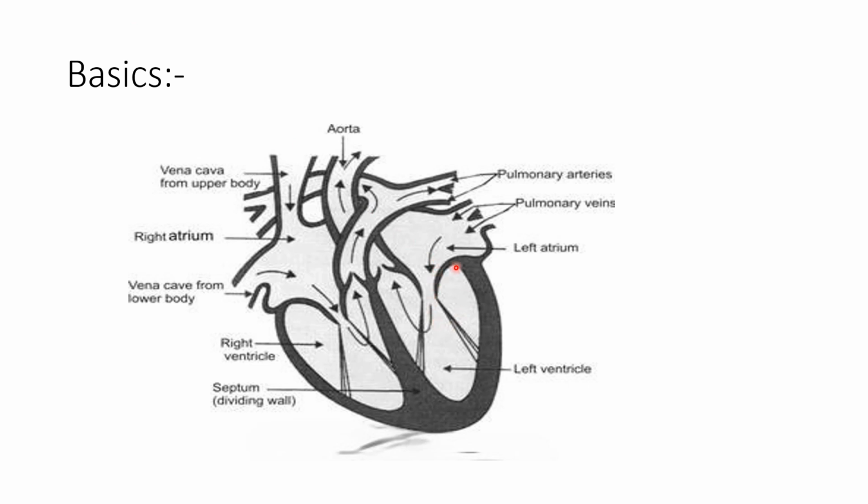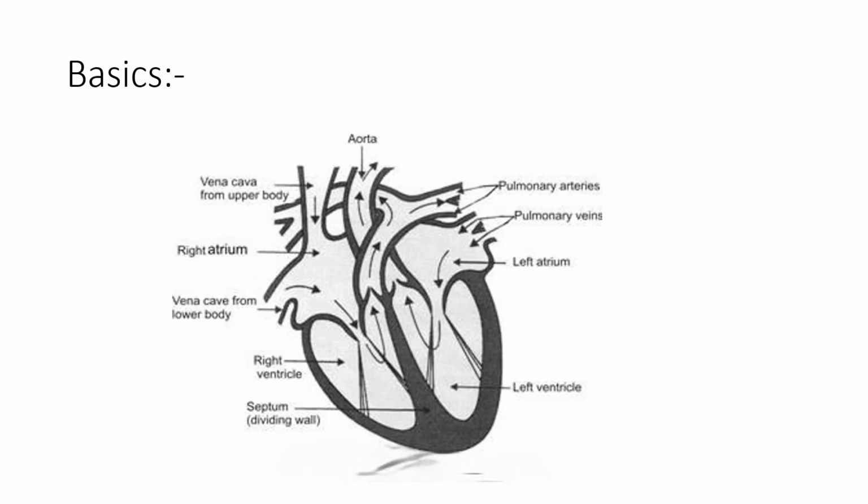And this valve, which is in between the left atrium and left ventricle, is the atrioventricular valve. So we have understood the concept that this atrioventricular valve opens into the left ventricle by means of two cusps, as we have studied earlier. It is known as the bicuspid valve or mitral valve.